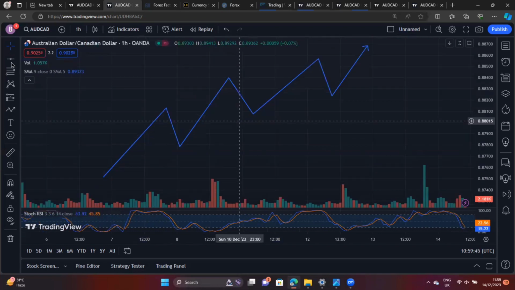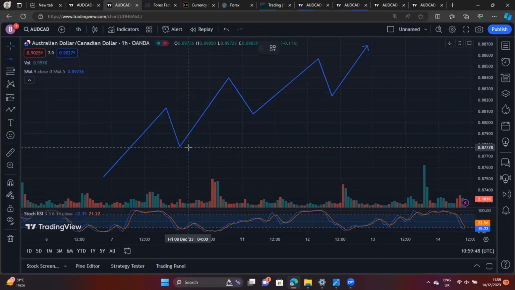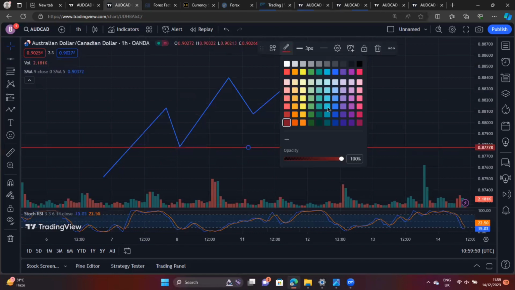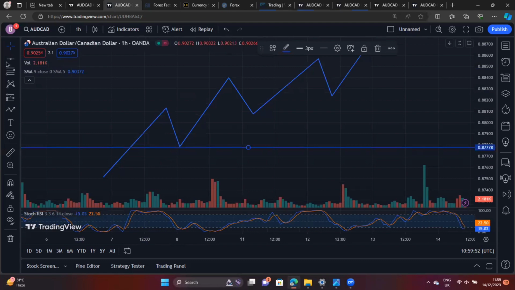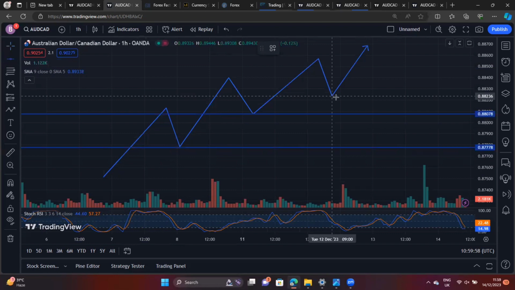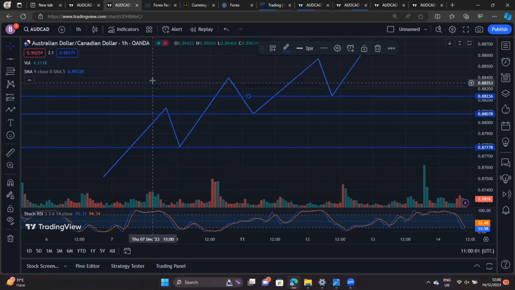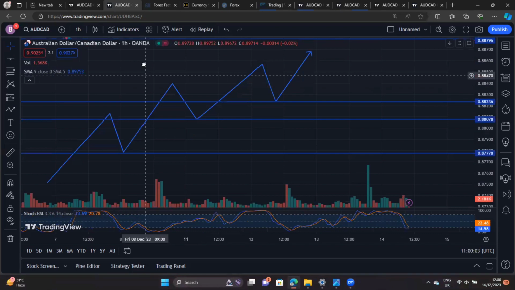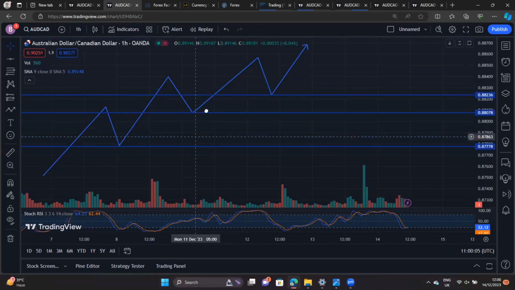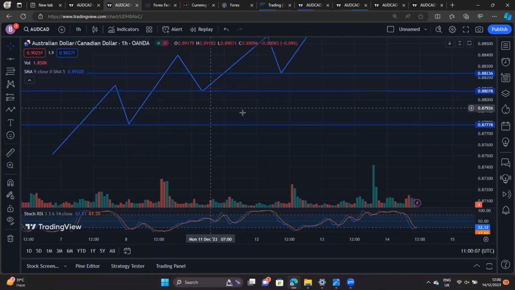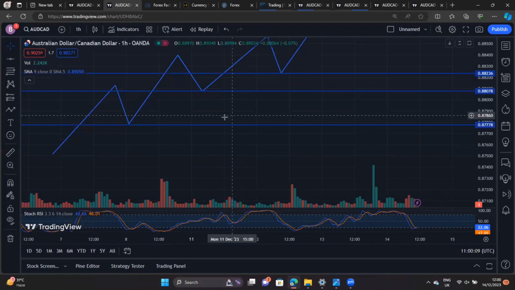So we can say that right here we'll have a support, the first swing point. Right here we'll also have a support, the next swing point, and right here we'll also have a support. Remember the rule in an uptrend. We always state that an uptrend will always have a rule, which is also applicable to a downtrend.